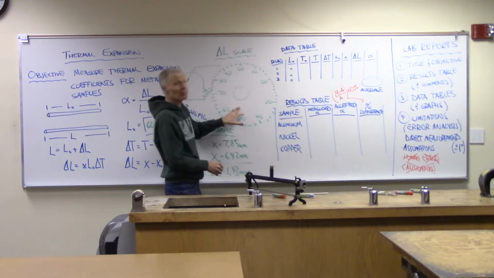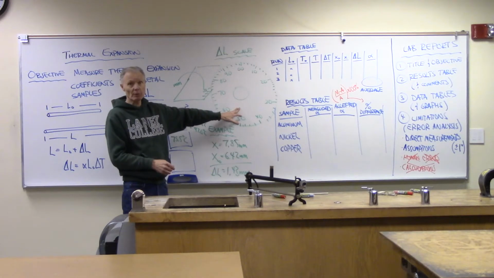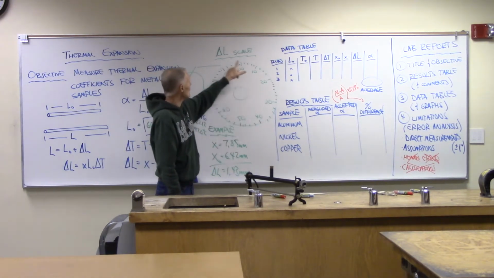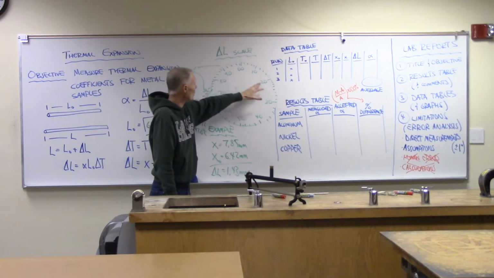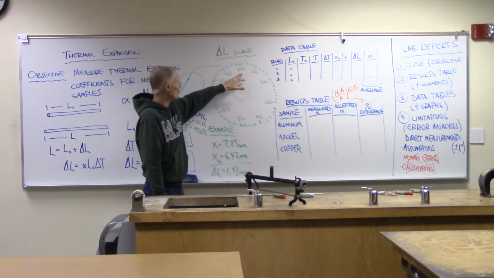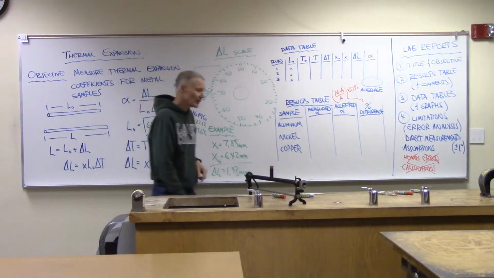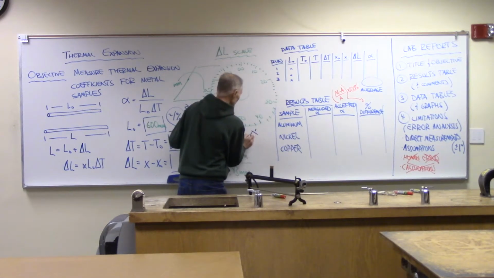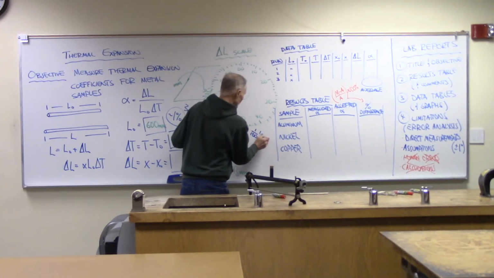Now, I've drawn a big picture of that because this is such an important part of this laboratory experiment. The circular scale looks like this. It goes from 0 all the way to 100. Now, what that's measuring is hundredths of millimeters.